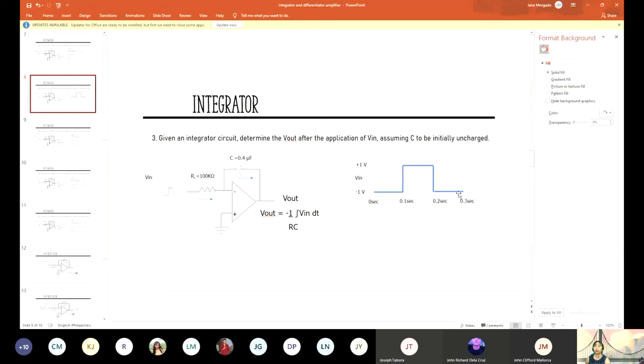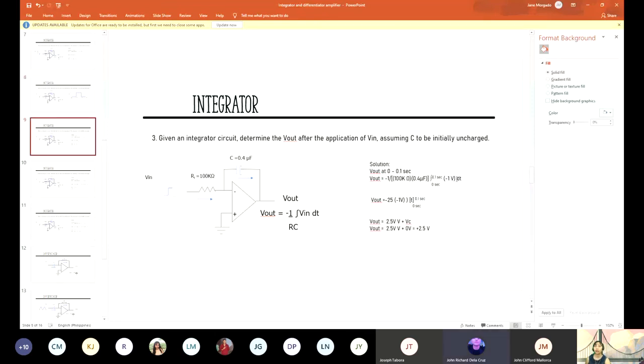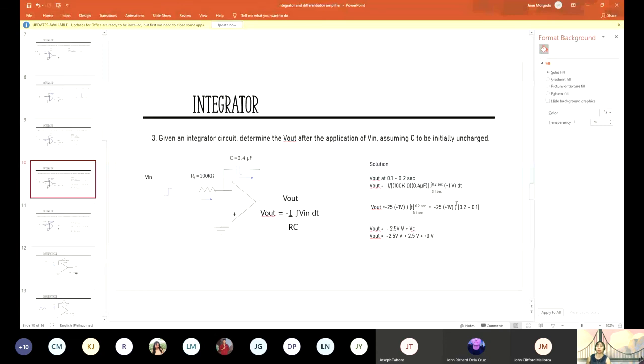And then 0.2 to 0.3 is back at negative 1. Correct? Yes. Okay, negative 1, 0 to 0.1, 0.1 to 0.2, positive 1. And now we're back to negative 1.